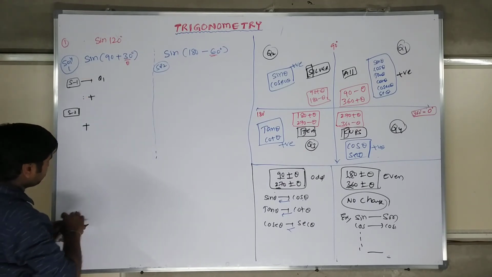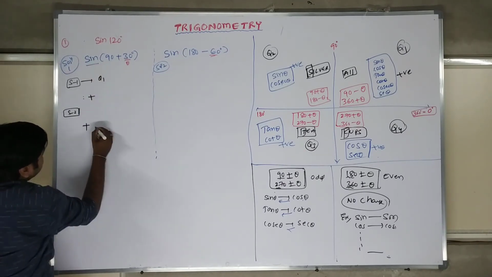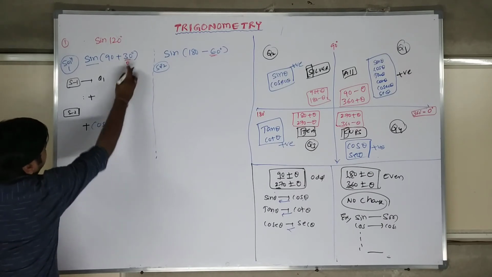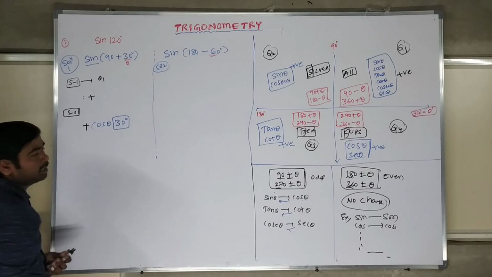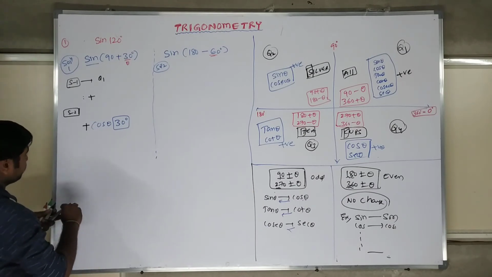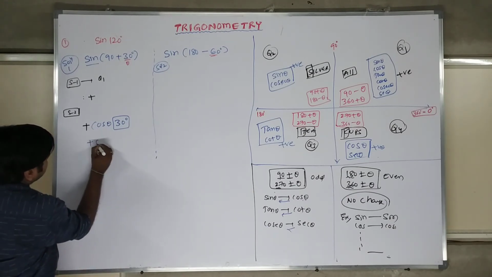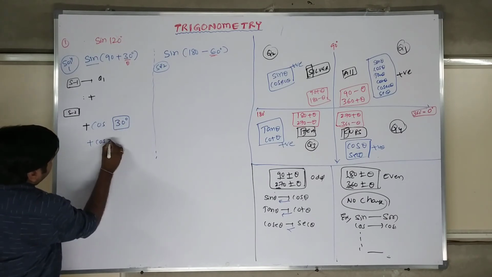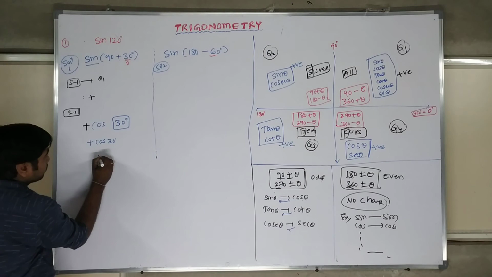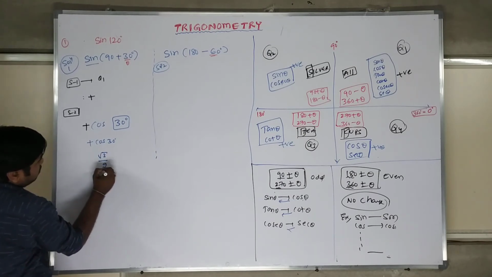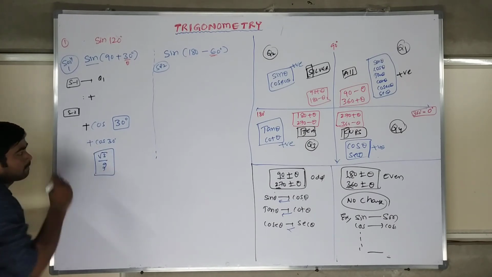Sin becomes cos, and copy theta as it is, nothing but 30 degrees. The 90 is gone. I think you know the cos 30 value. So cos 30 is nothing but sin 60, and the answer is root 3 by 2.